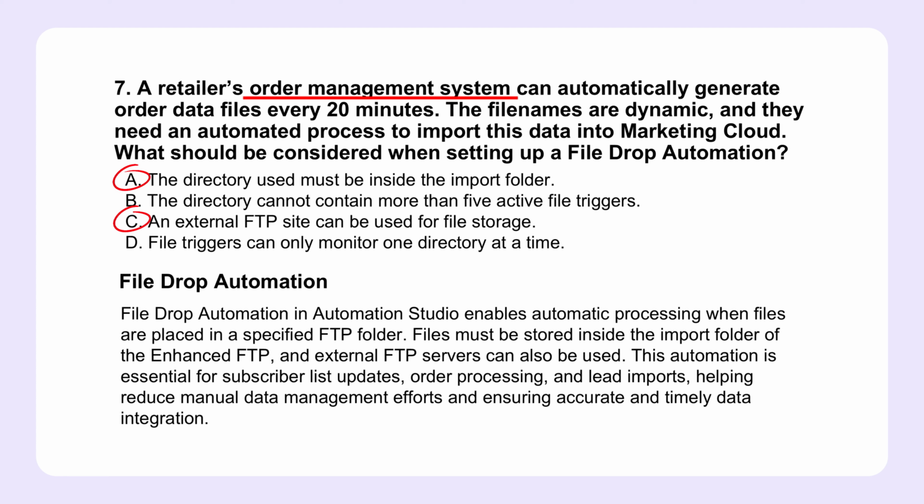Yep. But the main thing when you're dealing with dynamically named files from an external system is to make sure that target directory is either within the right import structure or it's on an external FTP that Marketing Cloud can access. And then you need to configure the automation to look for those files based on some kind of pattern, even if the whole file name is changing.